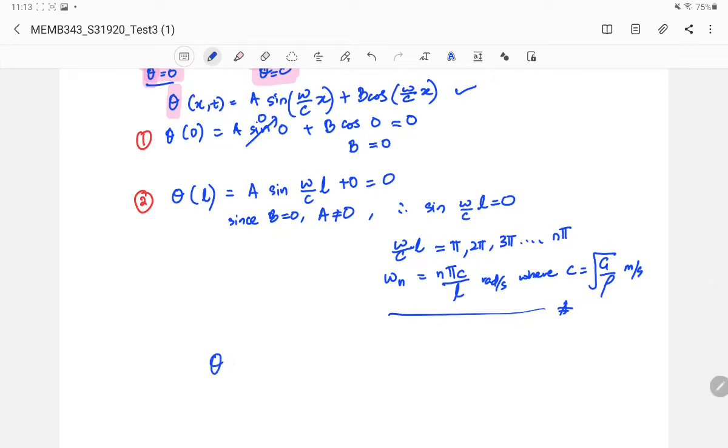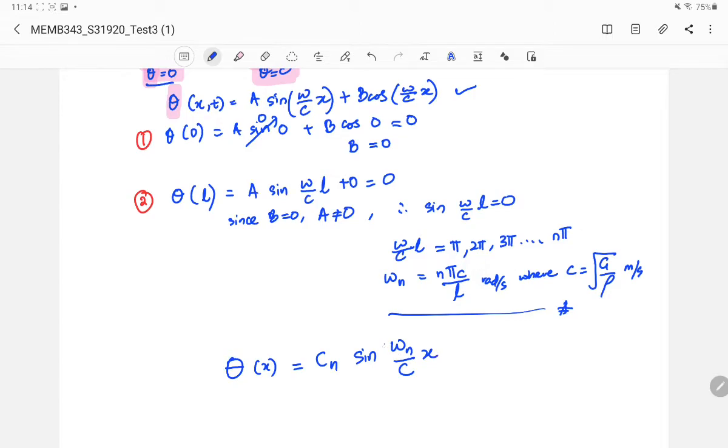The way to write your mode shape, maybe I put it in terms of capital Theta, is we can just put any constant in front instead of A for a mode shape. Sine, so it has to be omega n over c times x.